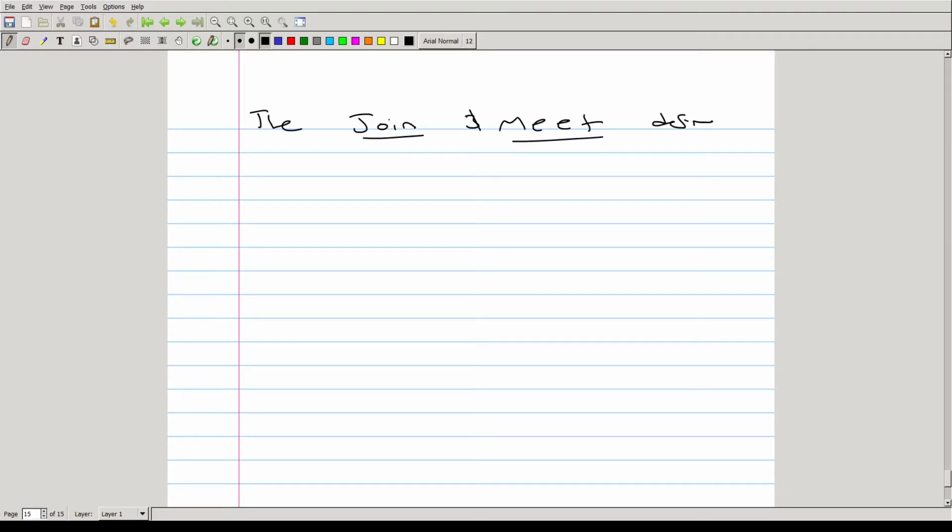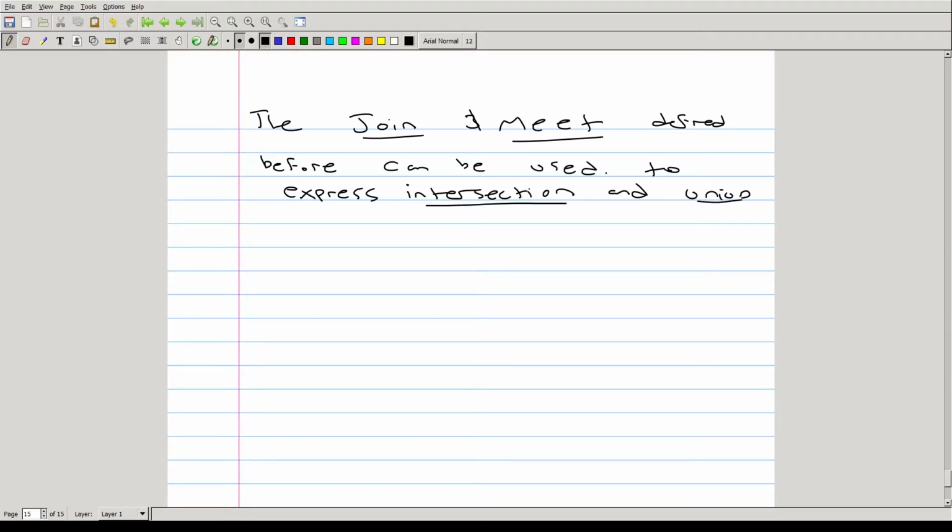The join and meet defined before can be used to express set intersection and union for two given relations.